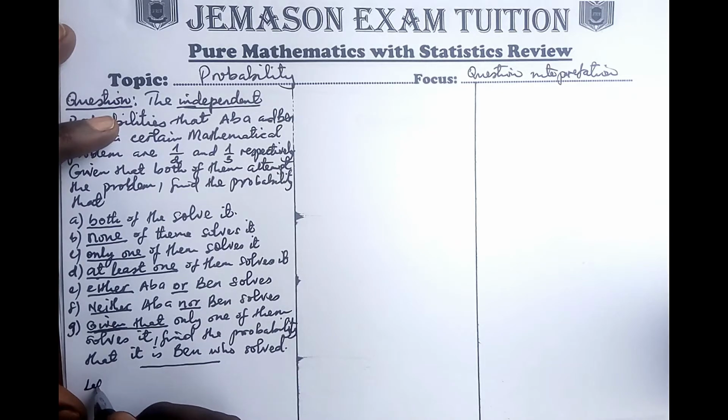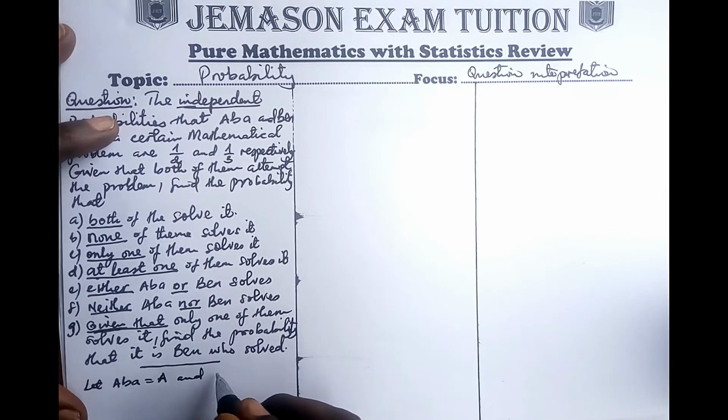So we say let Abba be A and Ben be B for simplicity. Then P of A, that means P of Abba solving, would be half as the question stipulates, and P of B would be 1/3.